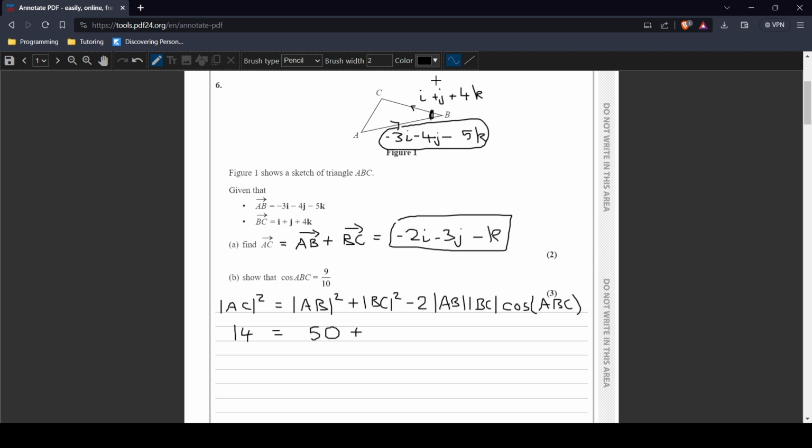And now BC squared, so BC is this one. So the length squared is 1 squared plus 1 squared plus 4 squared. So 1 plus 1 plus 16, which is 18. And then we take away 2 times the length of AB, so that will just be root 50, times the length of BC, that will just be root 18. And then cos angle ABC.